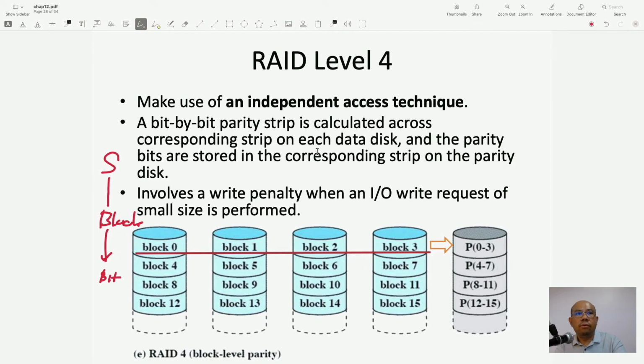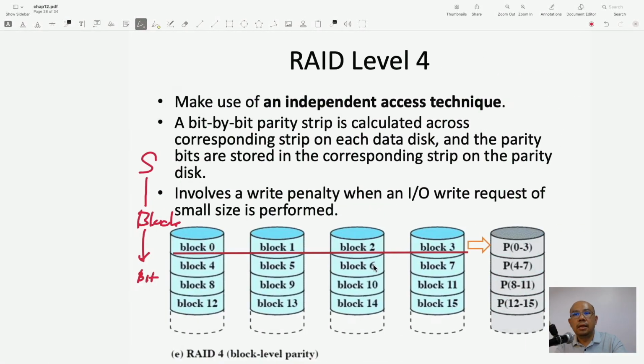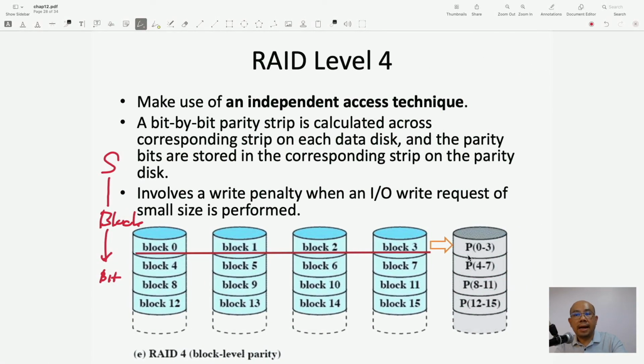Level 4 uses the same concept as level 3, making a block parity. This block parity keeps the data, but at the block level.